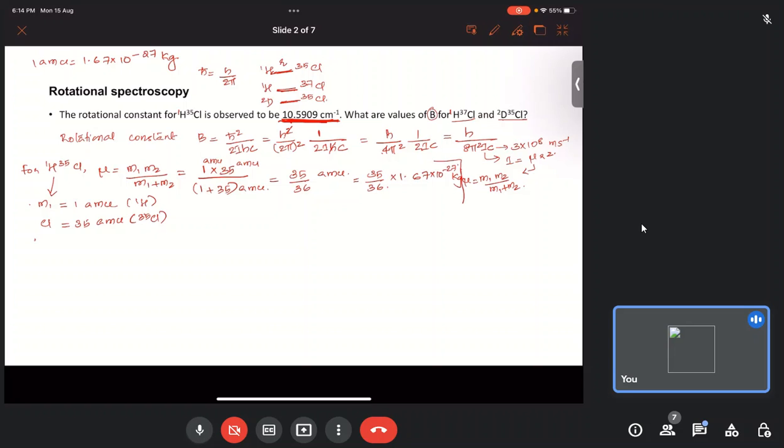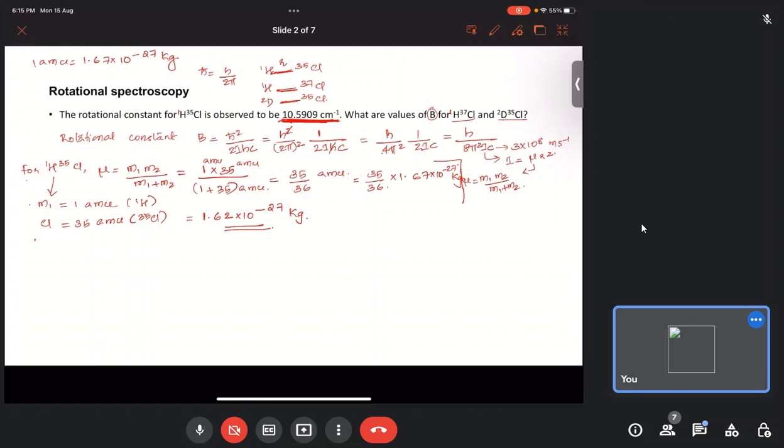We have to make everything in appropriate units to get the correct answer, so that's why I'm converting it to kilograms. While doing the calculations, 35 divided by 36 into 1.67 is equal to 1.62 into 10 to the power minus 27 kilogram.